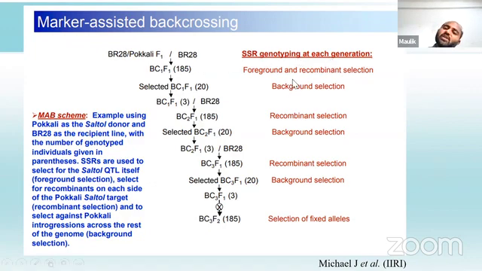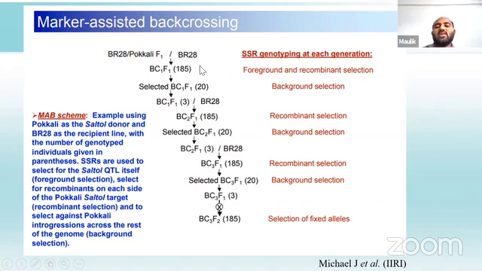In the BC1F1 population, foreground and recombinant selection is carried out. What is foreground selection? It is selection of the locus responsible for salinity tolerance, meaning Saltol, at the molecular level. Foreground means selection for the particular trait, and background means selection of regions similar to our recurrent parent BR28.